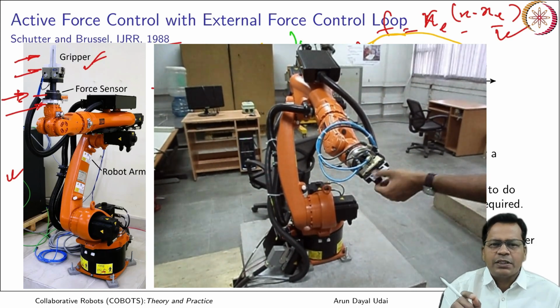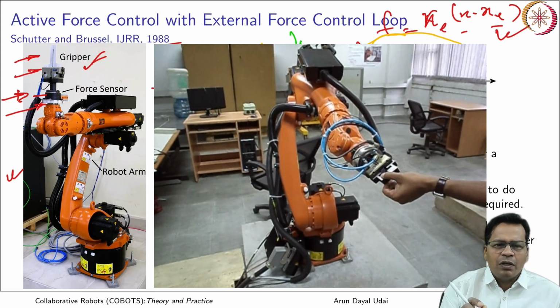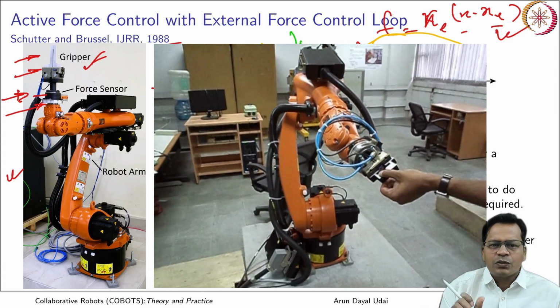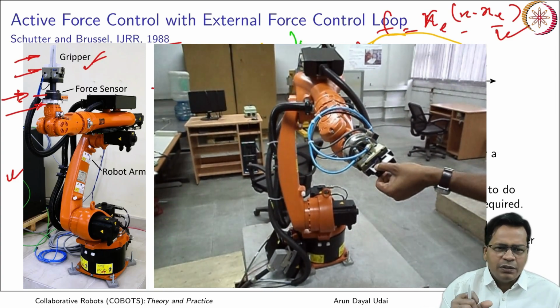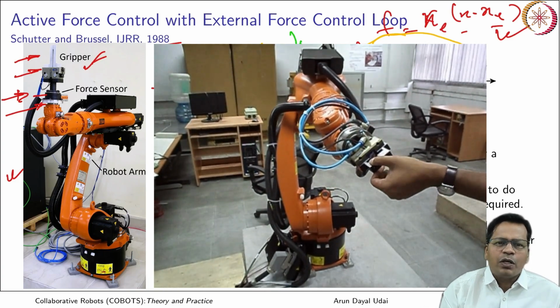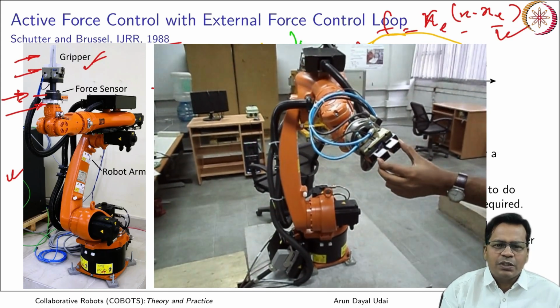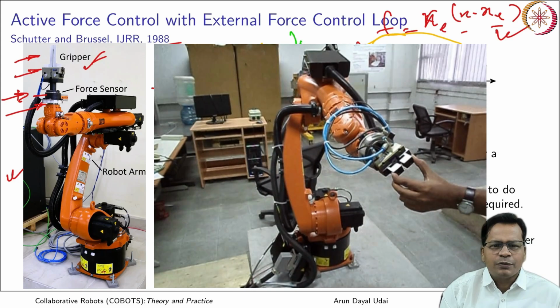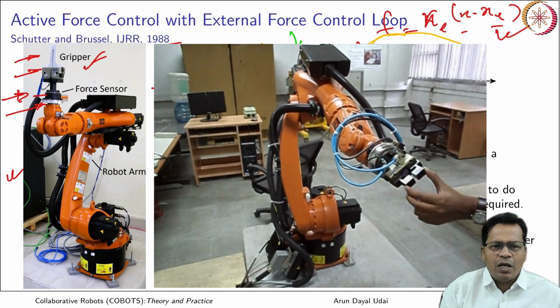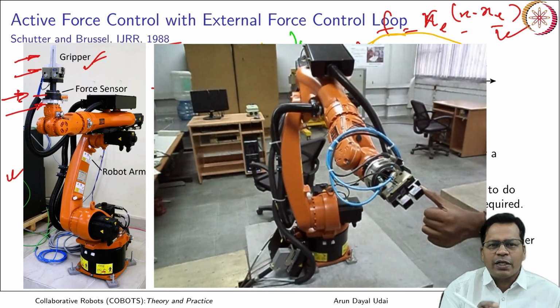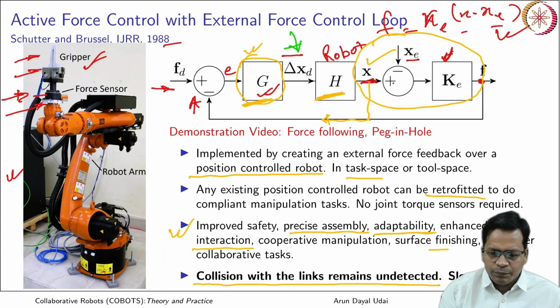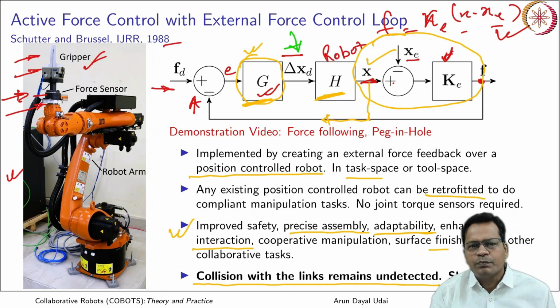I have limited it to 10 Newton in all the three Cartesian directions, so anything greater than 10 Newton will start making the robot move in the corresponding direction. That is what is happening here. I am able to drag this robot anywhere I want. So this is the external force control loop.